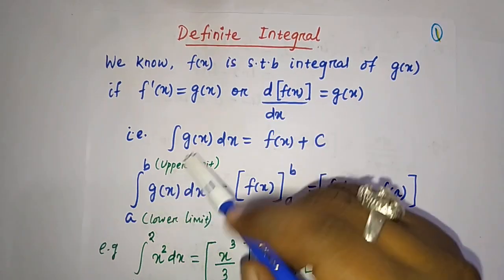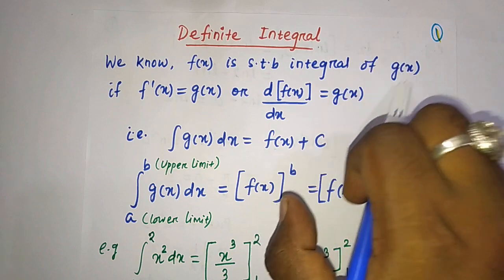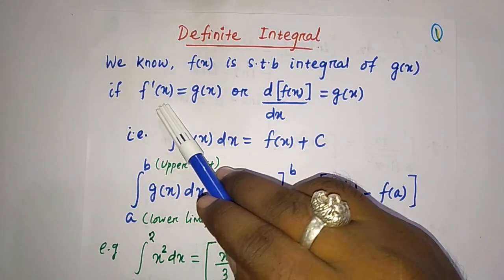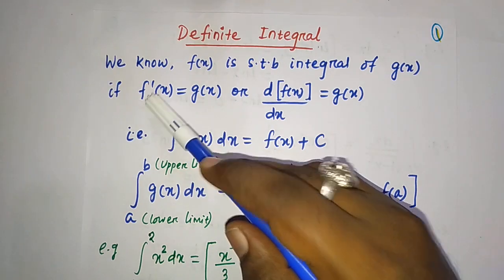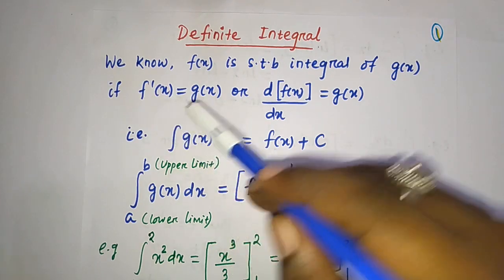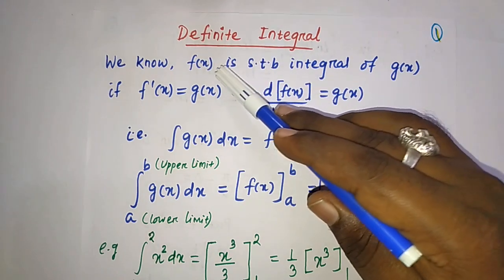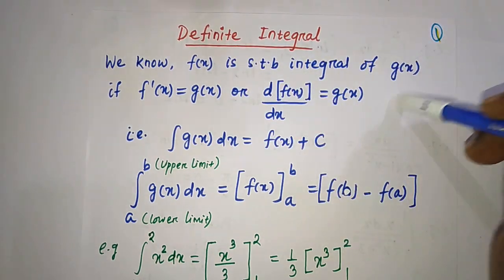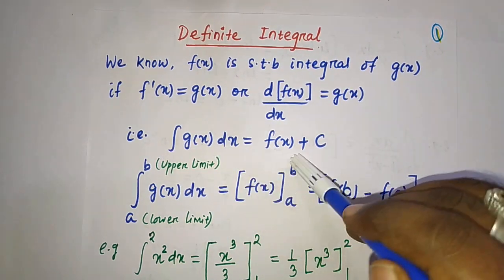By definition, we know f of x is said to be the integral of g of x if f dash x is equal to g of x. F dash x means the derivative of f of x. If the derivative of f of x is g of x, then f of x is the integral of g of x, that is, we write integration of g x is equal to f x plus c.